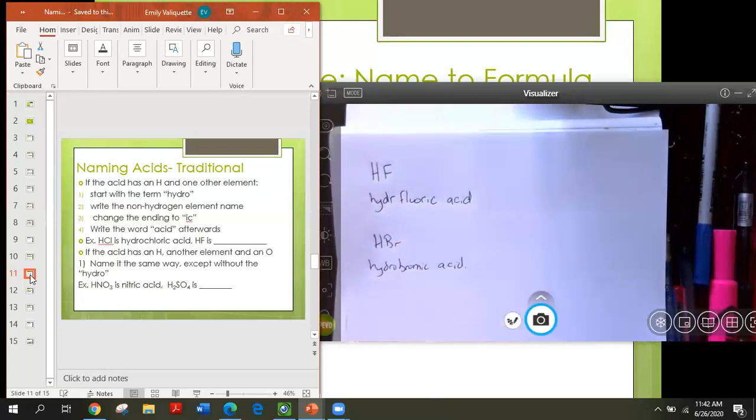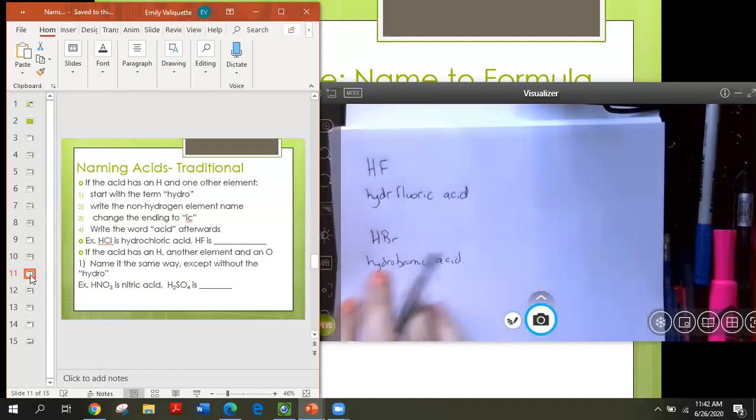Okay, there are some exceptions to this, and that is when we get into something called polyatomic ion acids. As you can see with each of these that I've used as an example here, we just have hydrogen bonded to one other element.